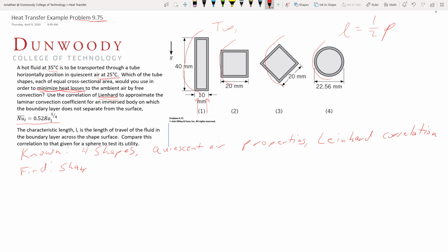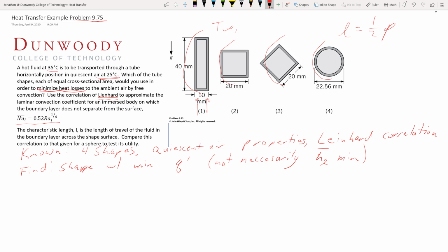We need the shape with min q prime, right? Not necessarily, I spelled that wrong, h bar min, right?